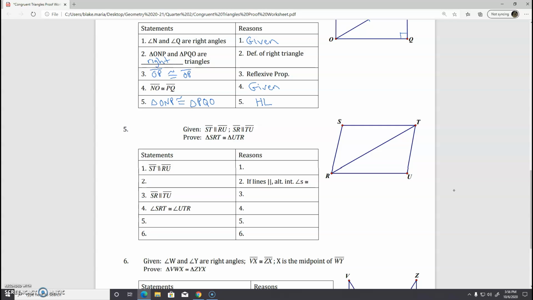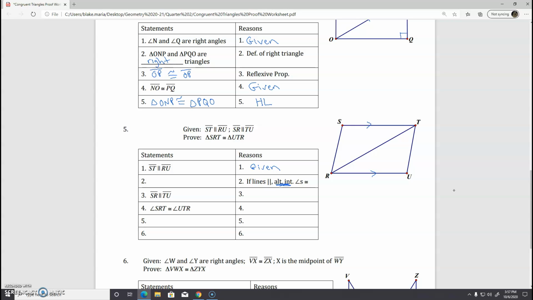All right, this one, I see some parallel lines. So what should be popping up in your mind is parallel lines cut by a transversal, alternate interior angles are equal, alternate exterior angles are equal, all that stuff we learned about parallel lines. So the first one says ST is parallel to RU. And that was given. And then it said if lines are parallel, alternate interior. It should have just said alternate interior angles theorem.